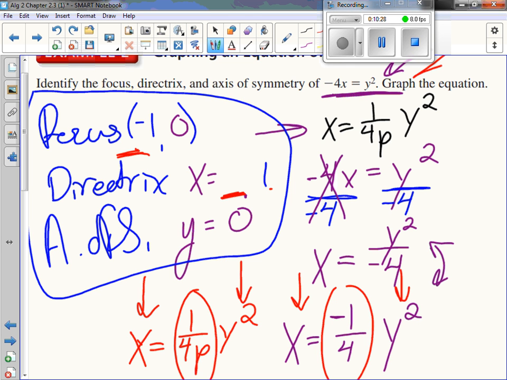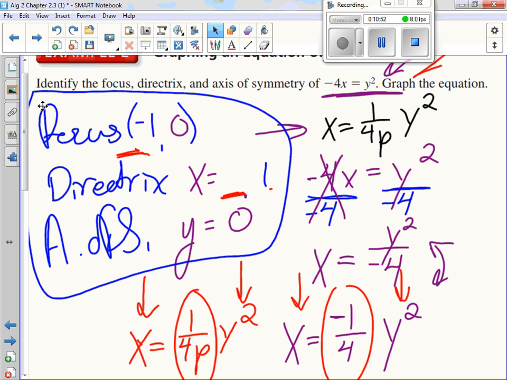So when you divided negative p by negative 1, that was just to find the value of p, because we could have multiplied it by negative 1 also. We're just trying to make the value of p positive. So it's still negative on the focus. We had negative p equals 1.